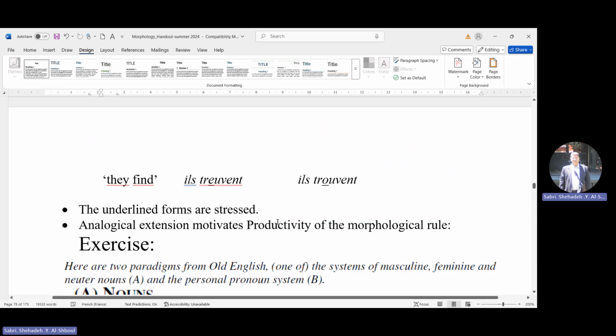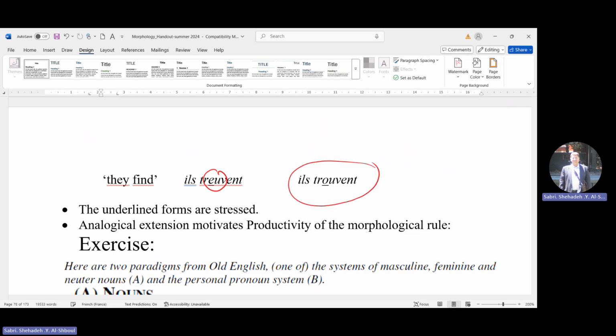So here, the same idea. We have treuvent with EU because it is stressed, but in present-day French it is OU, as a result of analogical leveling.